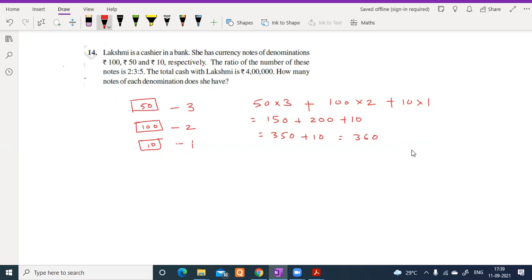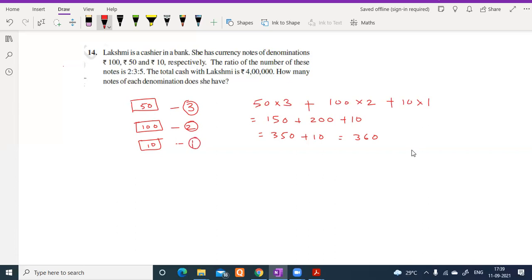The ratio of the number of these notes is 2:3:5. In this case we had assumed 3 notes of 50 rupees, 2 notes of 100 rupees, 1 note of 10 rupees.